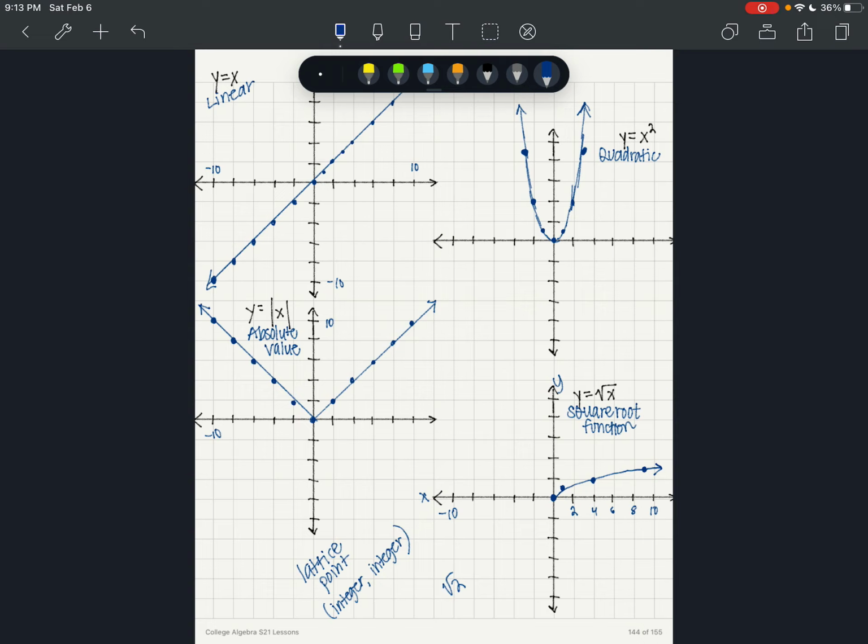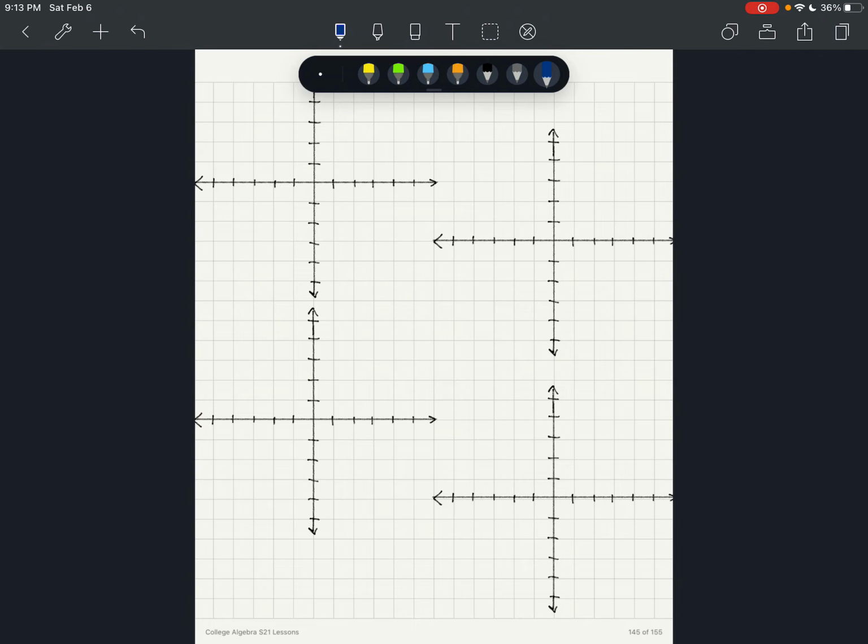Those would probably take the most time because you're using straight edges. Then you'd have your quadratic function. That just needs a little bit of sketching here to get the curve down pat. But this has only 2, 4, 6, 7 lattice points. Square root function only has 4 lattice points. Boom, boom, boom, boom. Draw the curve. Move to the next problem.